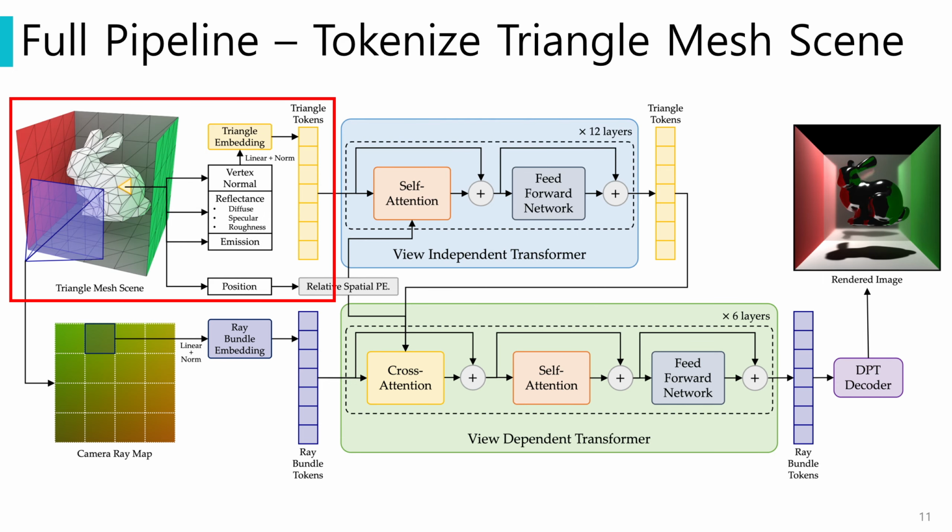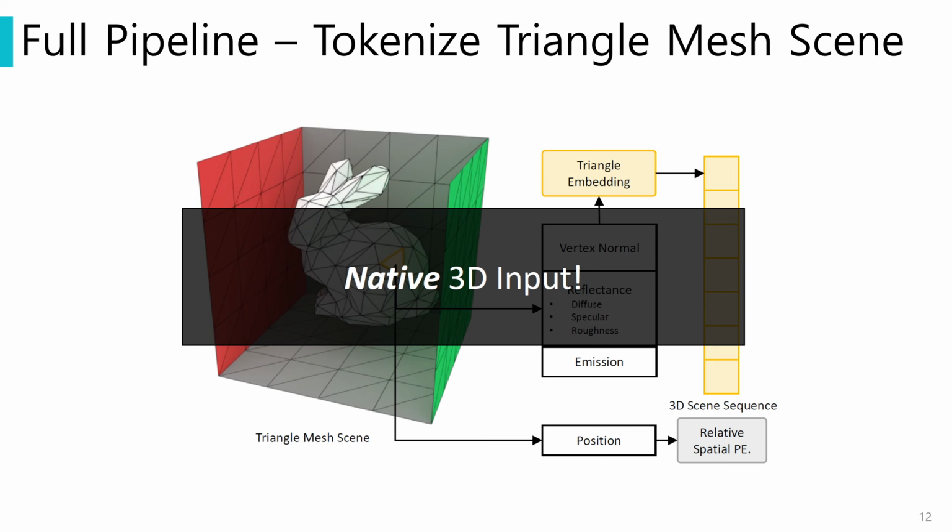First, the pipeline needs to process the 3D scene itself. So the initial step is to convert the classic triangle mesh into a sequence of tokens that the transformer can understand. Here's a closer look. Each triangle in the scene is converted into a triangle token.